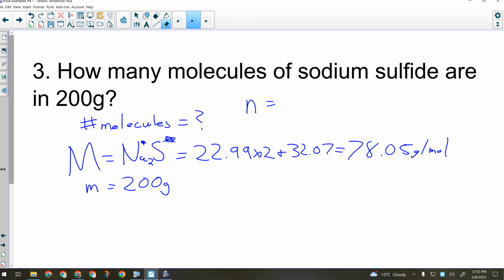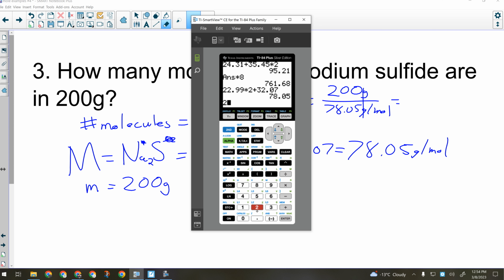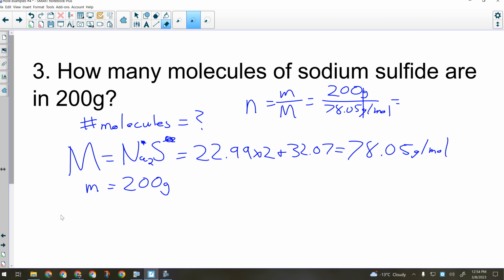So N equals little m over big M. So that's going to be 200 grams, because that's what they told me, divided by 78.05 grams per mole. The grams are going to cancel. It's going to leave me with moles. So 200 divided by, all right, so we got 2.56 moles.